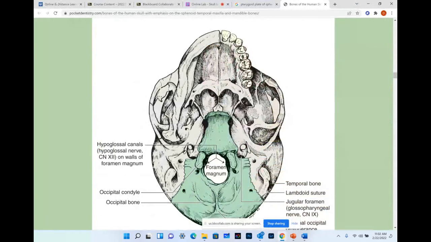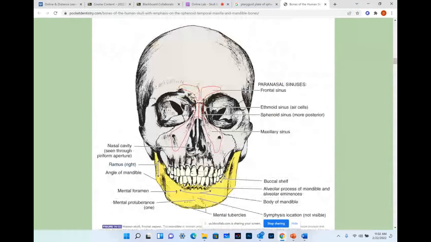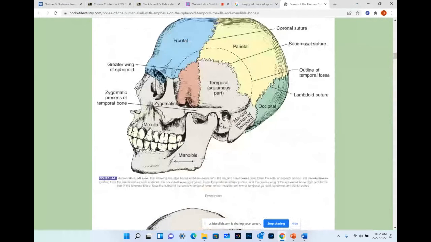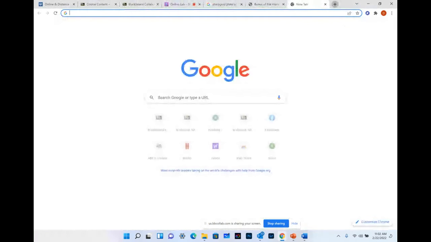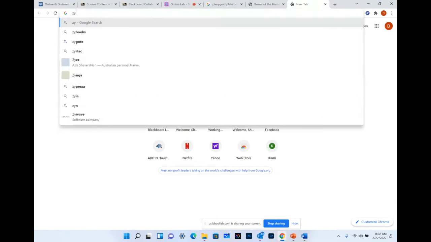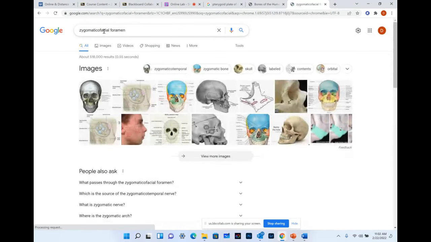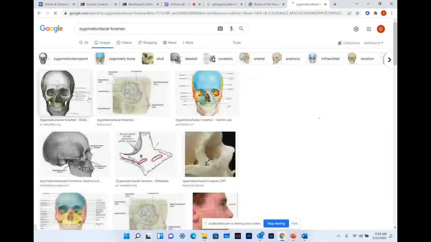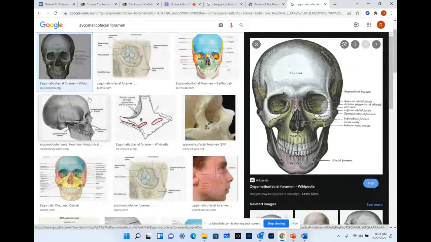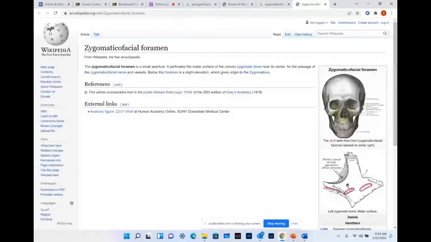And now I still don't like this, so I am going to go to another view. I don't like that either. Okay, zygomaticofacial foramen. Okay, let's see, because I want you to see. Ooh, I like that.